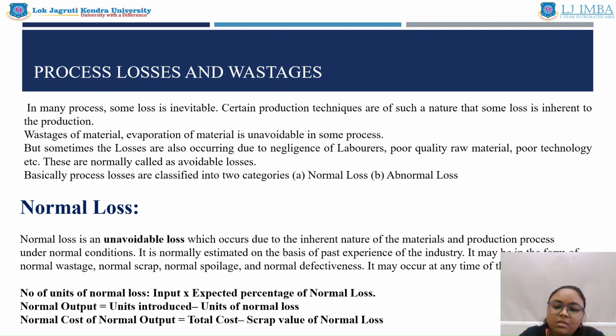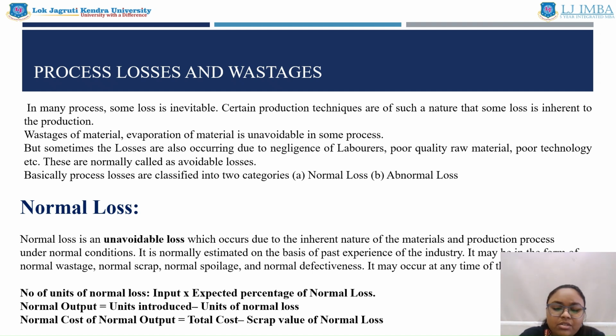So normal cost is total cost minus the scrap value of the normal loss. For an example, the input was 100 kgs and it cost us 1 rupee per kg. So our total cost was 100 rupees, right? Now the total cost is 100 rupees and the scrap value for the normal loss is 2 rupees per kg.